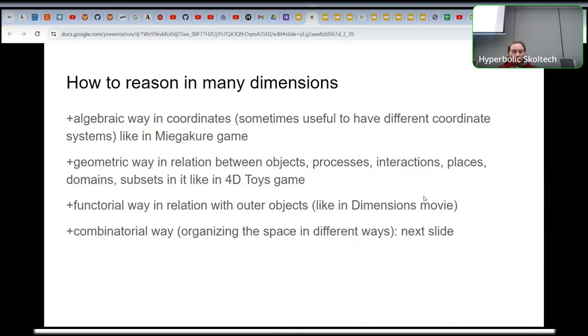There is a geometric way, in relation between objects, processes, interactions, places, as in the 4D Toys game, where you can rotate your 4-dimensional objects. Actually, this game is already out, so you can play it. There is a frontal way, in relation with outer objects, like we see in the Dimensions movie. And there is a combinatorial way, where we may organize the space in different ways. We will see this in the next slide.